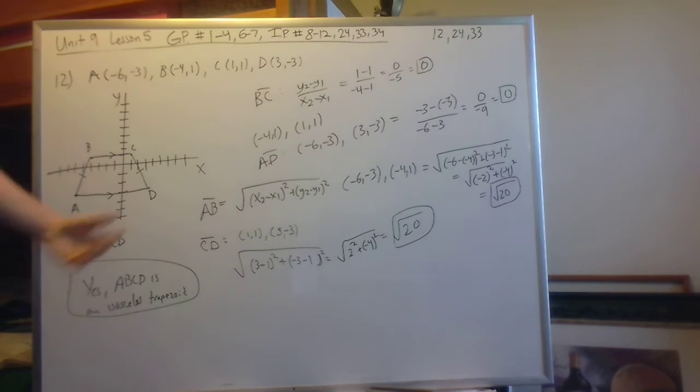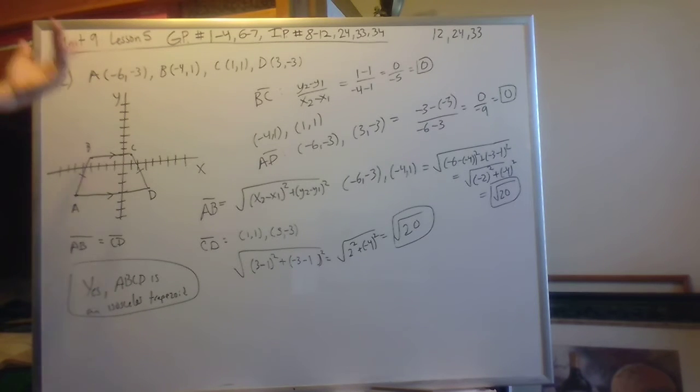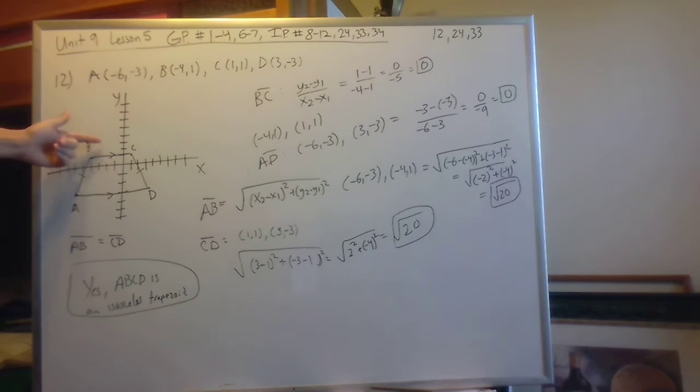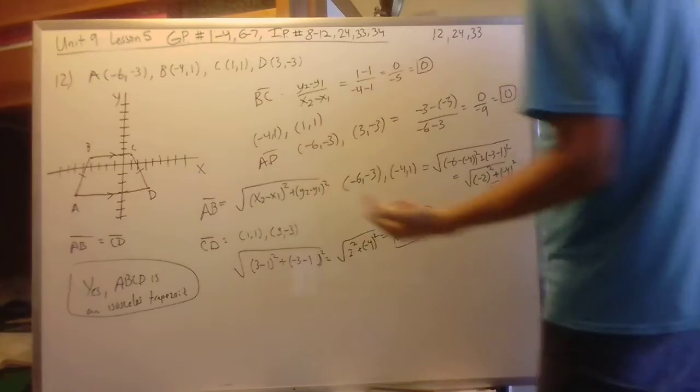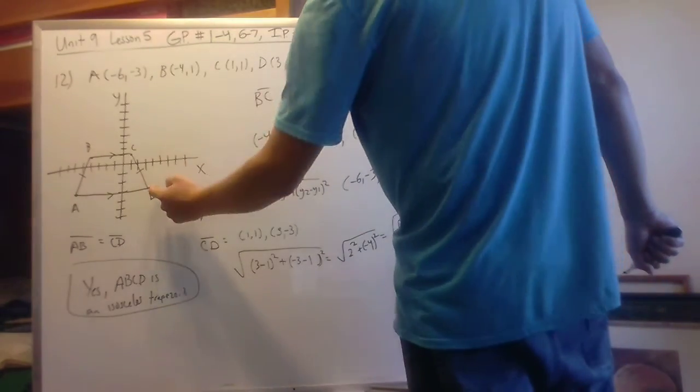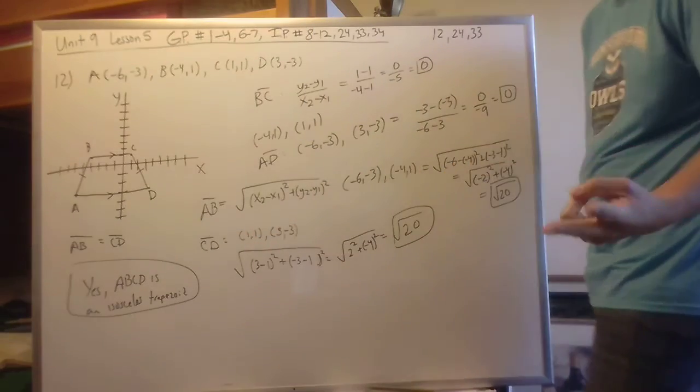What I did as a recap, because unfortunately, like I said, the video stopped because my Bluetooth disconnected from my headphones. For BC and AD, we found the slopes and determined that they had a slope of 0, meaning that they were horizontal, or parallel to each other. And then we had to find the length of CD and AB, the non-parallel sides.